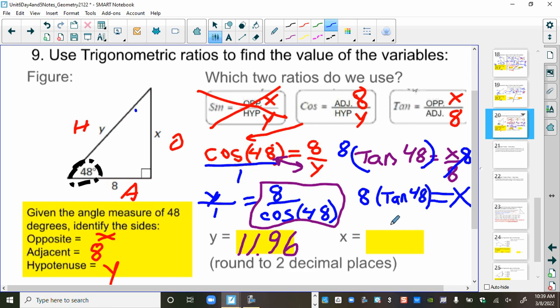Yep, 8.88. Not too bad, right? That's not bad at all.